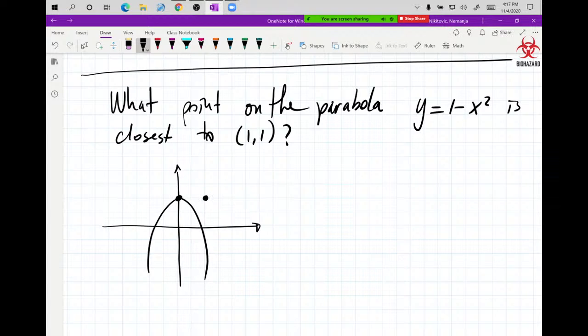And then there is a point (1, 1) over here. They're trying to find the point on the parabola that is closest to (1, 1). So clearly not (0, 0). Clearly not this one. Clearly not that one. It's some unknown point here. And we call that point (x, y) because it lives on the parabola.